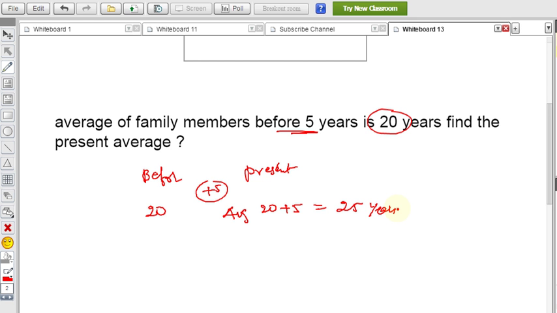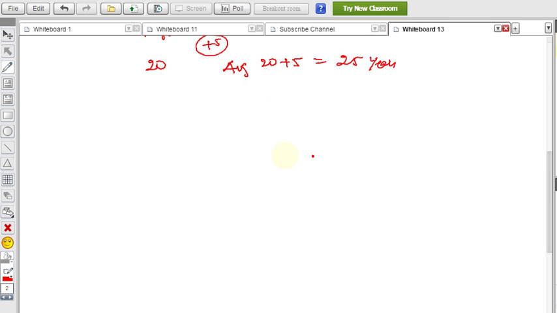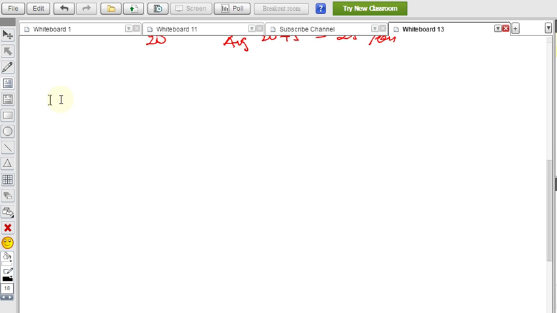Okay. Next we will see word problems from now onwards. The average rainfall from Monday to Saturday is 15 mm.